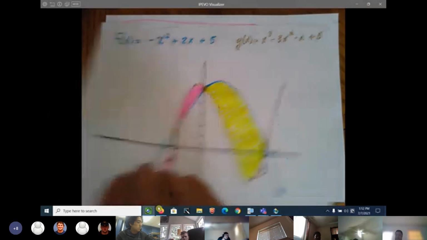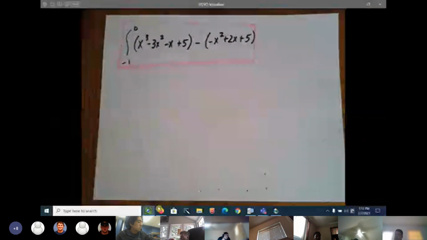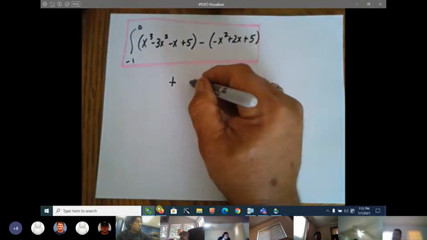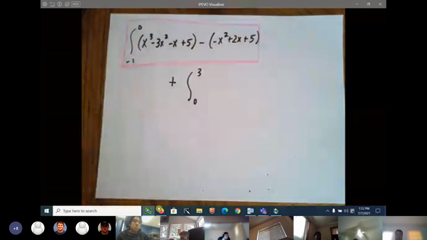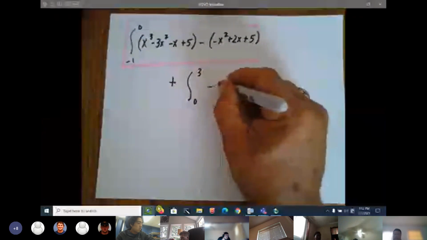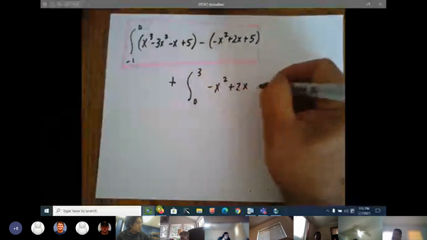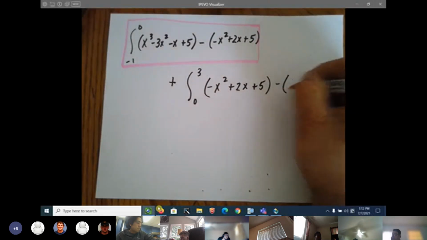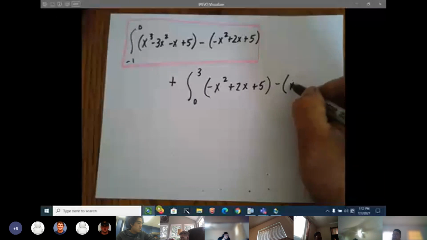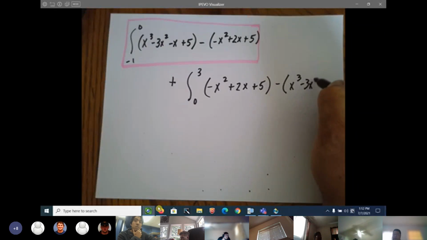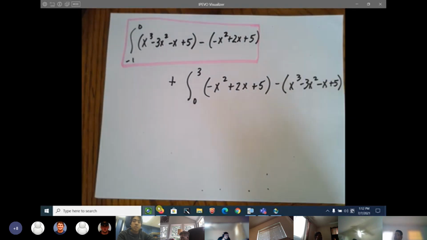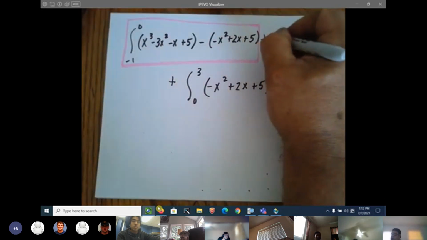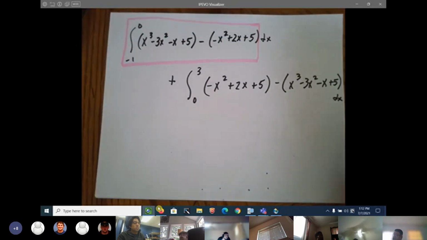So I'm going to add from 0 to 3 negative x squared plus 2x plus 5 minus x to the third minus 3x squared minus x plus 5. And of course that should have a dx, and this should have a dx. And that is my yellow region.